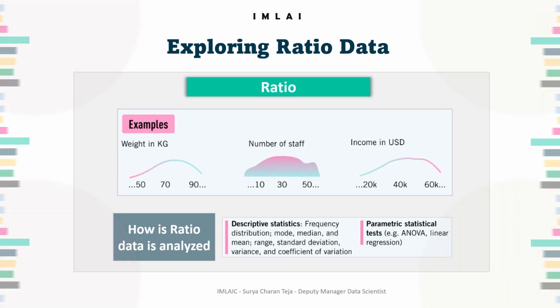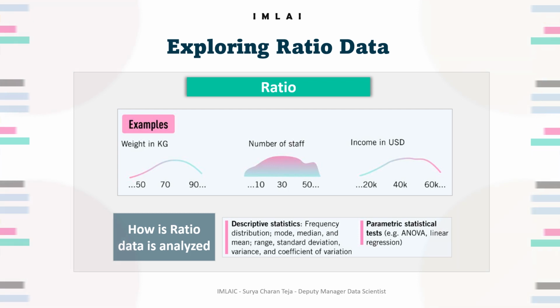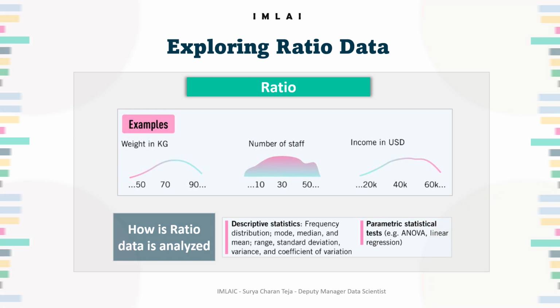For example, can a person's age in years be used to predict their income? So these are all different ways of exploring ratio data.